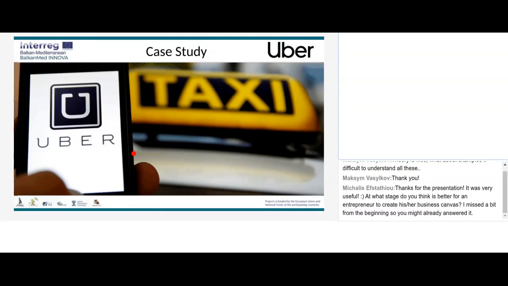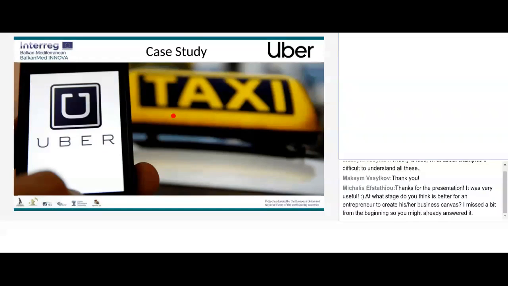And it's very simple, and it's what you have to do in order to submit for the BalkanMed Innova business idea competitions. And I hope that this presentation will really help you understand if you have any things that are not so clear, or to clarify some things behind it.